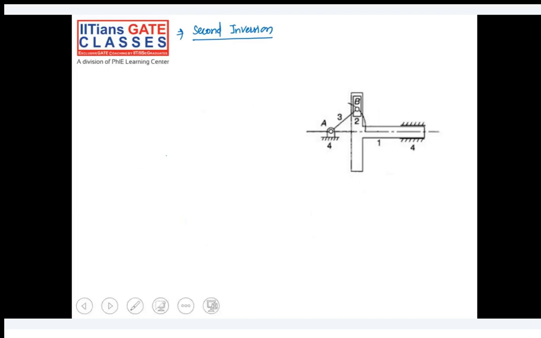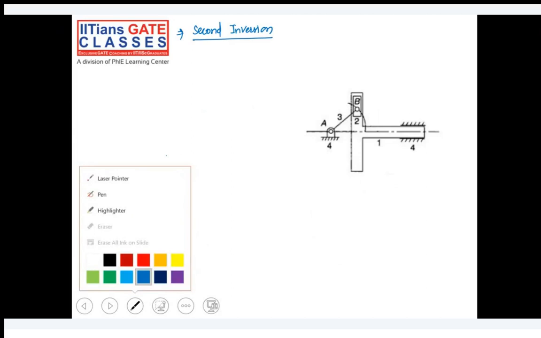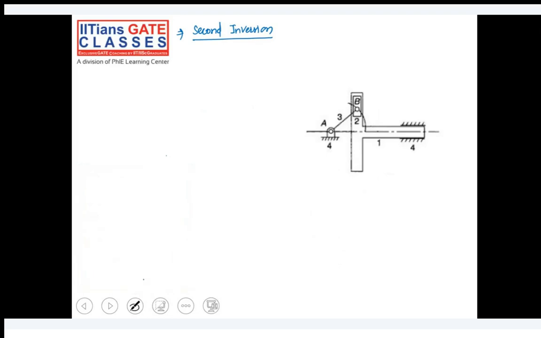For example, if you are fixing link number 4, which is a slider, in this case we have made the slider in the form of a T-shaped slot.